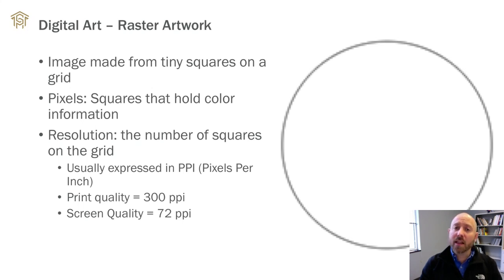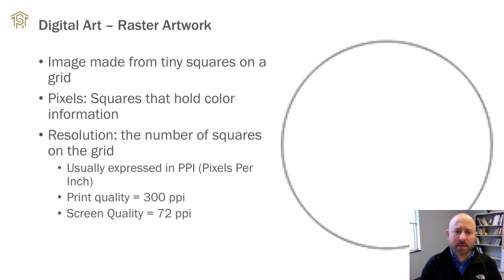Now, also understand that a lot of images are not 300 PPI, because they don't have to be. On screen, the way that a monitor or a TV or even a cell phone reproduces images, it doesn't need the same level of resolution that we need when it's printed. With screen quality, it's usually about 72 PPI.